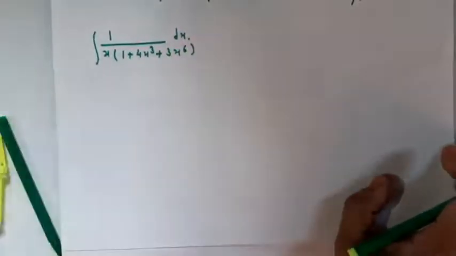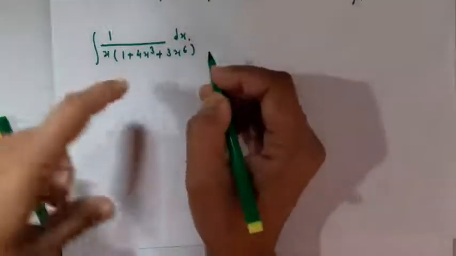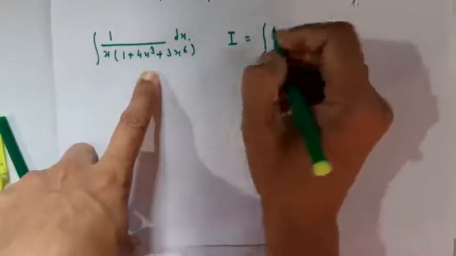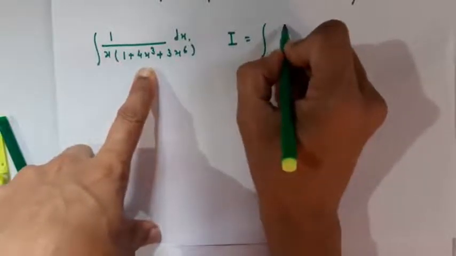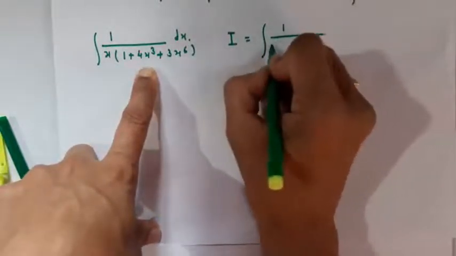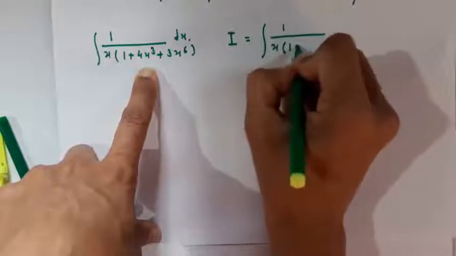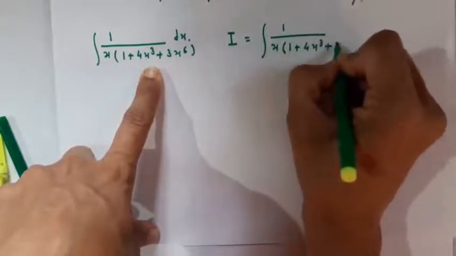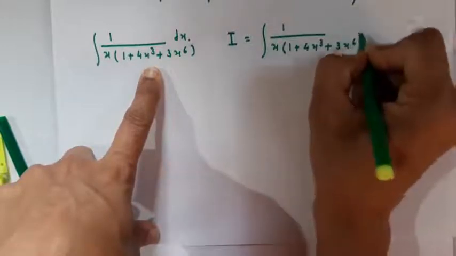Okay. Now students, to solve this integration, first consider I as the integration of the given integral, that is the integration of 1 upon x(1 + 4x³ + 3x⁶) with respect to x.